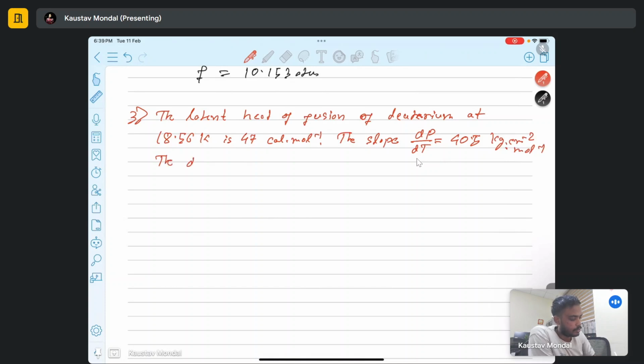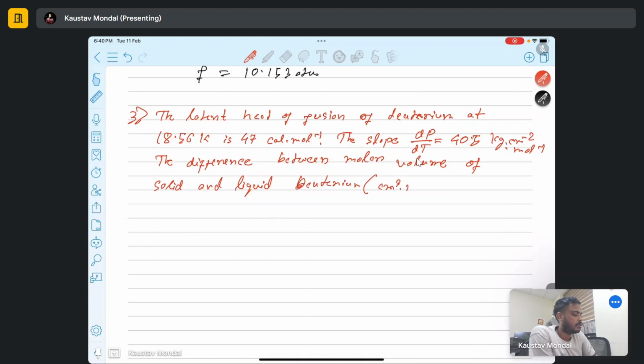Now the difference between molar volume of solid and liquid deuterium at this temperature is what?